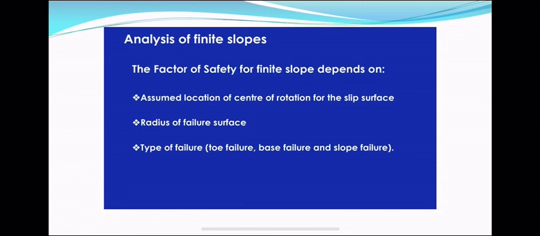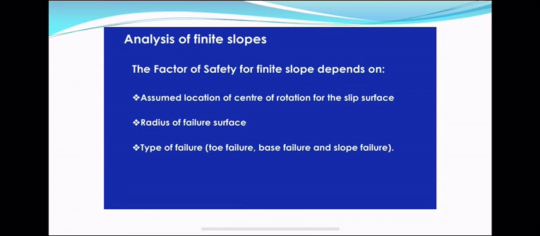Coming to the analysis of finite slopes, particularly the factor of safety, the factor of safety for finite slopes depends basically on the assumed location of the center of rotation of the slip surface. As shown for a typical circular arc failure surface, it all depends upon the location of the center of rotation.